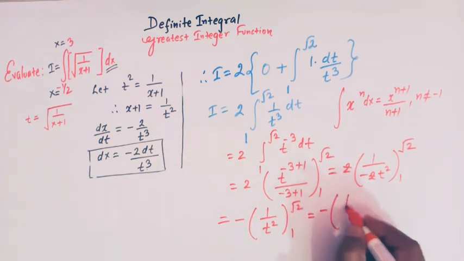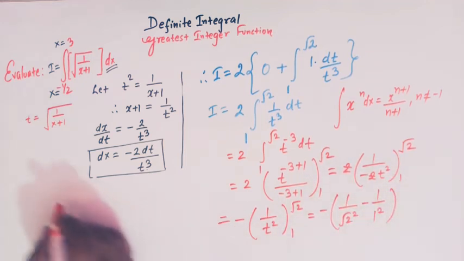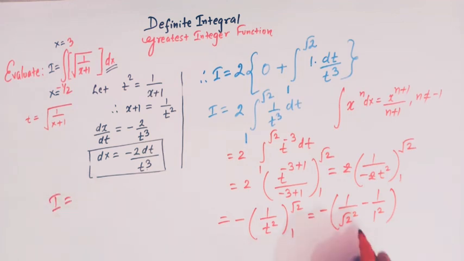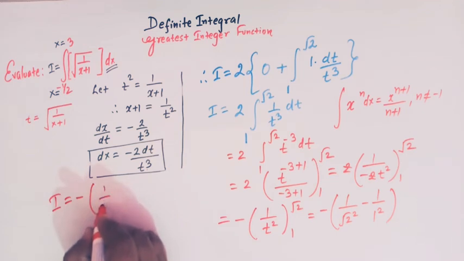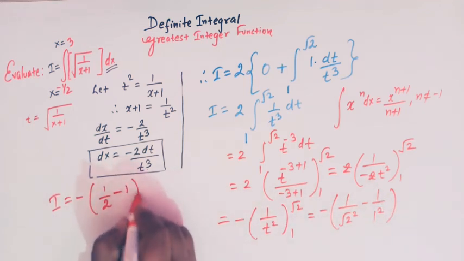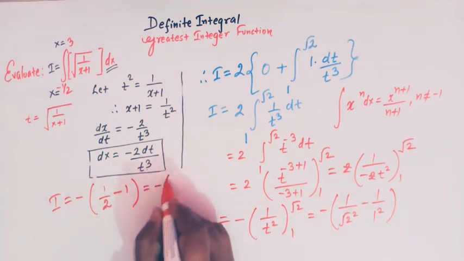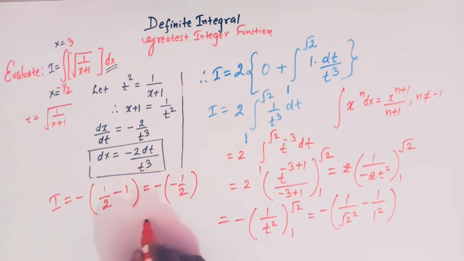So we have 1 over root 2 square minus 1 over 1 square, and I is now equal to minus, this is 1 over 2, and this is 1, because root 2 square is 2 and 1 square is 1, and we have minus half, and that is plus half, right?